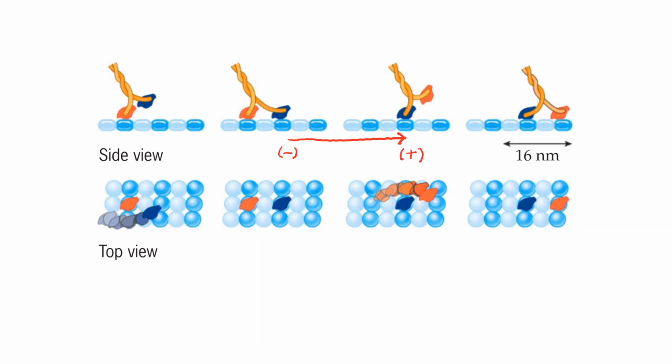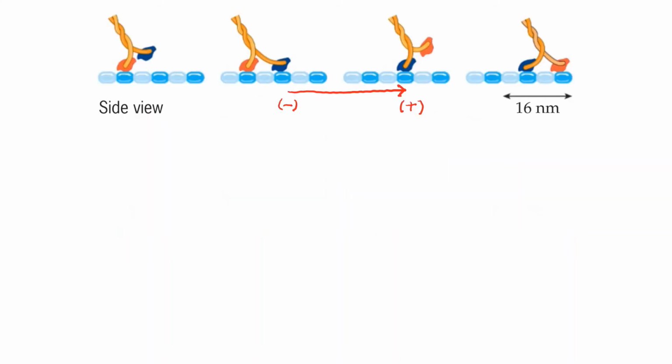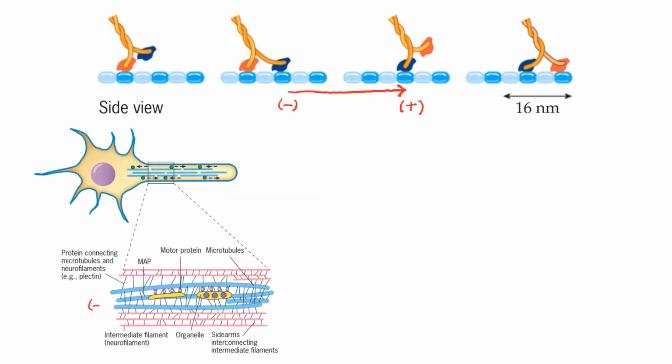So it cannot move backwards. It's unidirectional. So in the neuron, for example, the movement from the cell body to the end of the axon is in a negative to positive direction. That's the direction of the microtubules. So it will be the kinesins that will carry the vesicles that contain the neurotransmitter to move along in this direction.